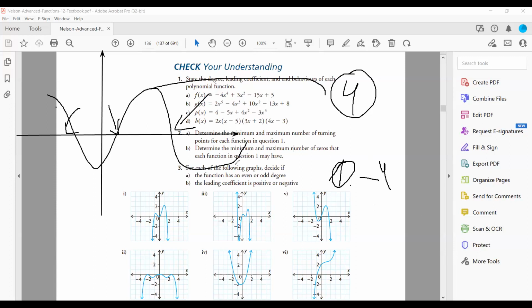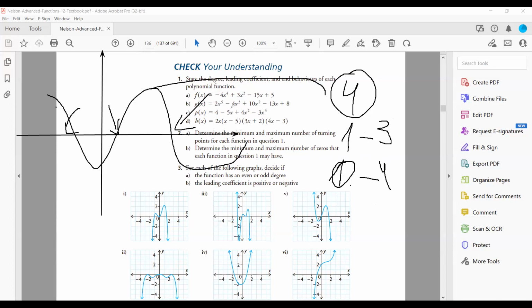And we know that the minimum and maximum number of turning points would be 1 less than the number of roots. So we're going to have at least 1 turning point and a maximum of 3 turning points.